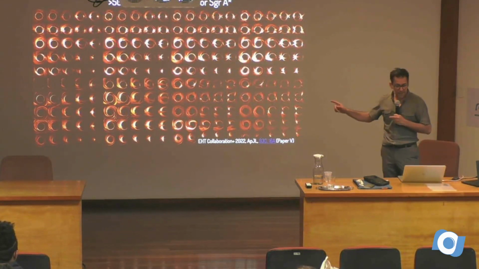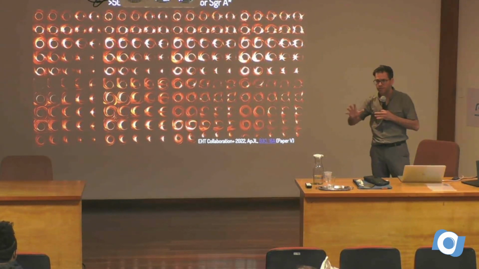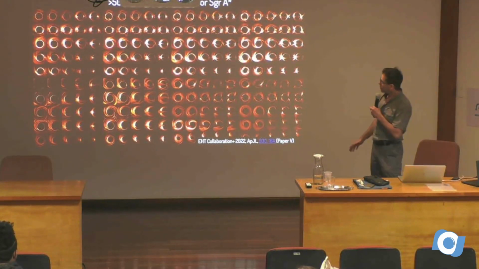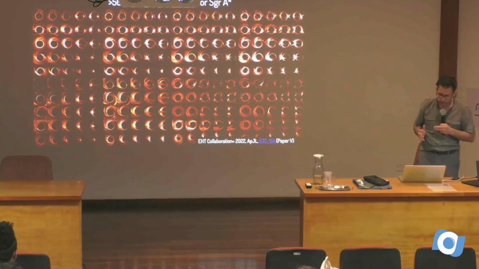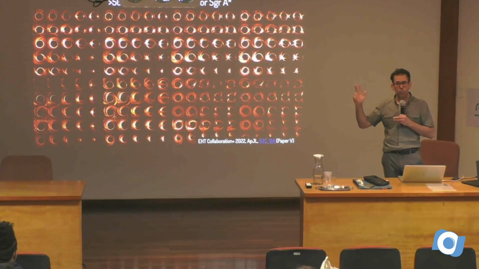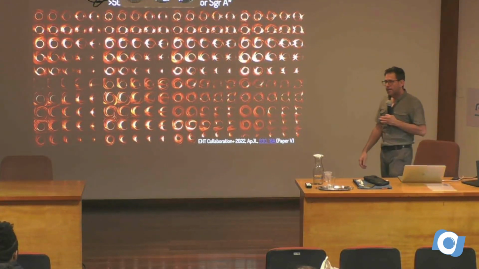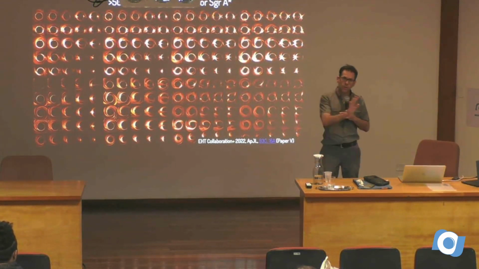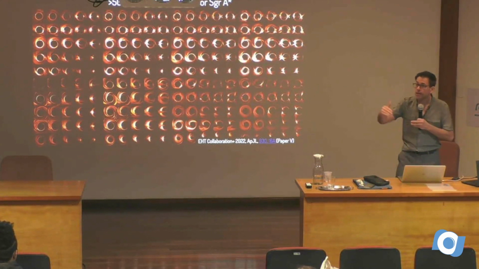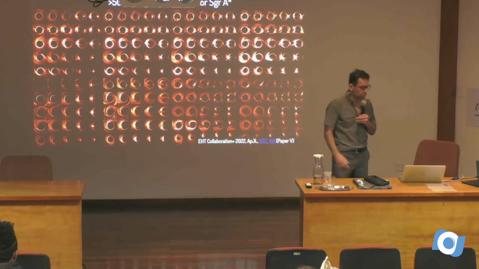For Sagittarius A star, we created an even larger library. We created 2 million images, because this was necessary to account also for these other complications like time variability. And we produced 2 million images at different frequencies, so different wavelengths, if you will, 1 millimeter, 3 millimeter, and also 2.2 micron. And we compared these 2 million images with 11 different observables. 6 are coming from the EHT, but then I told you that we had the multi-wavelength coverage, so we also use measurements from a telescope observing at 3 millimeter and also in the near infrared at 2.2 micron, okay?